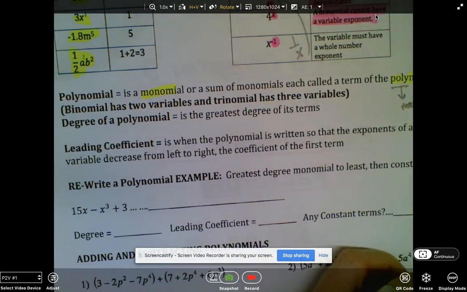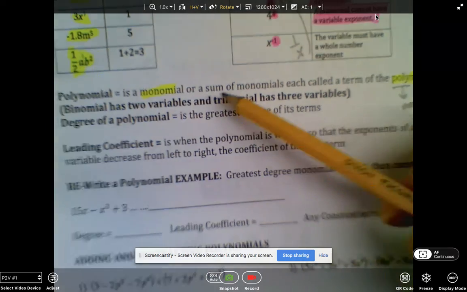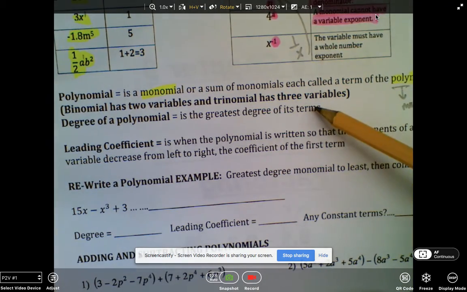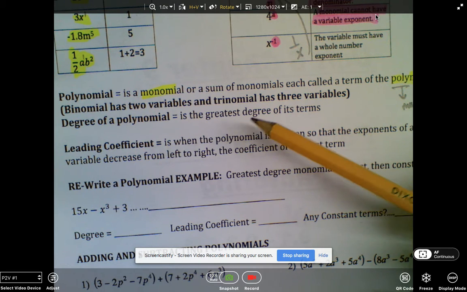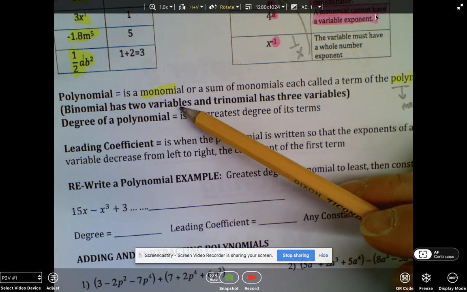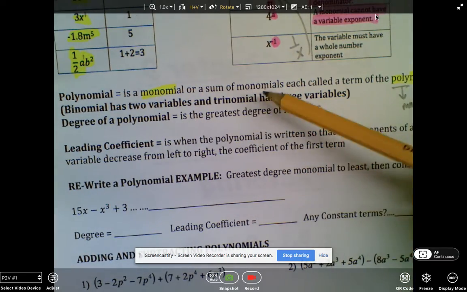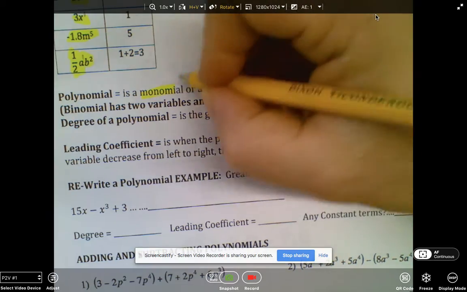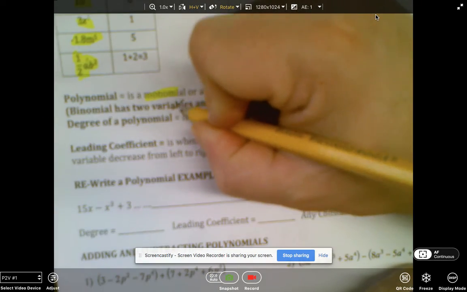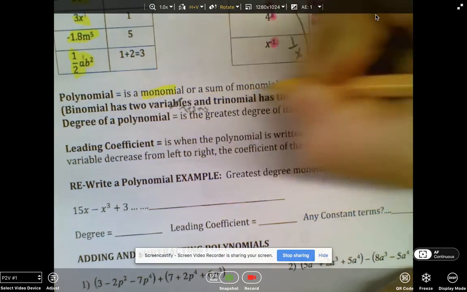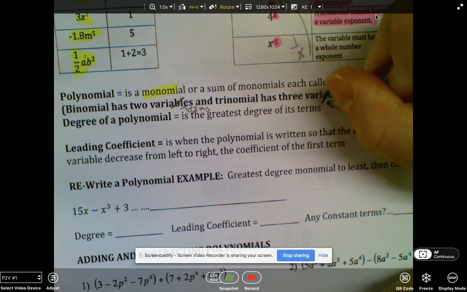We'll also talk about binomials and trinomials. A binomial has 2 terms, and a trinomial has 3 terms. I don't even know if the word variables should be here, so maybe change that word to terms.